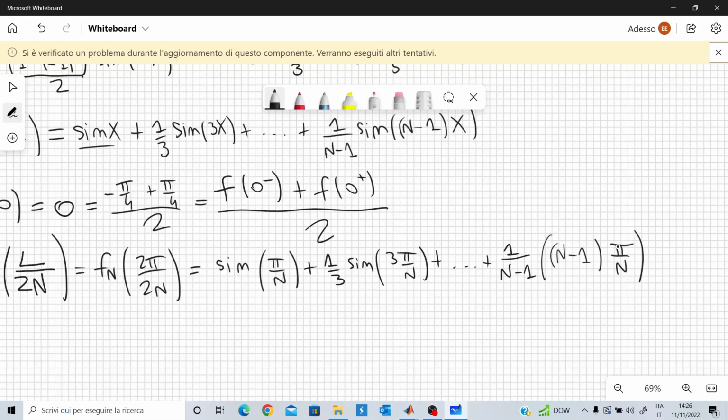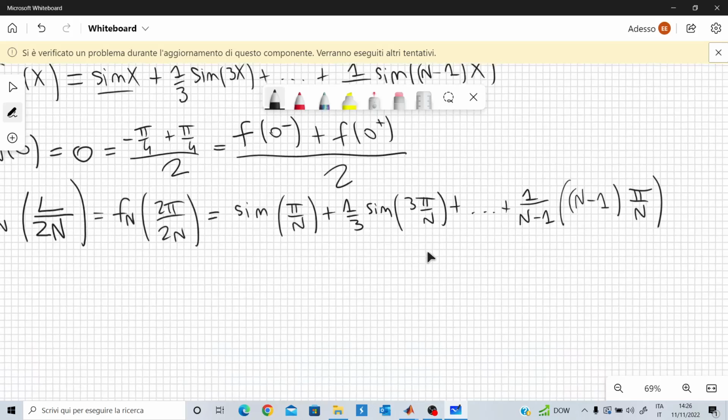And now let me rearrange these terms. I will rewrite this expression like this. So I will multiply it by pi over n, so I will also have to divide by pi over n.